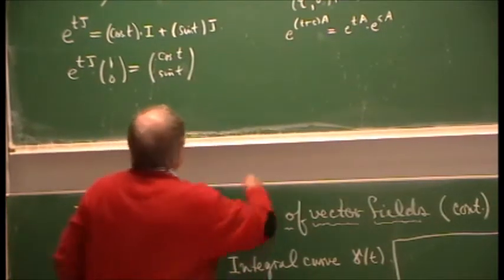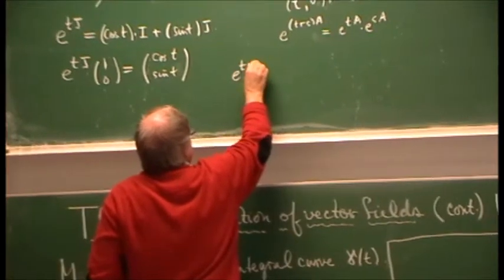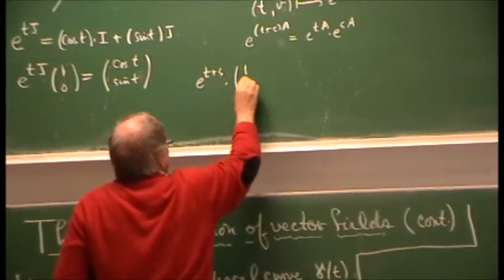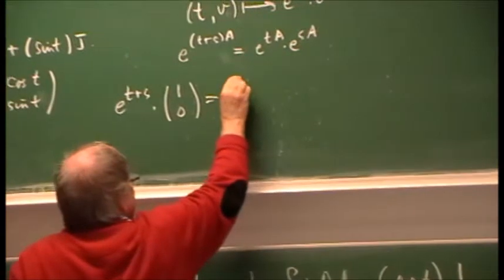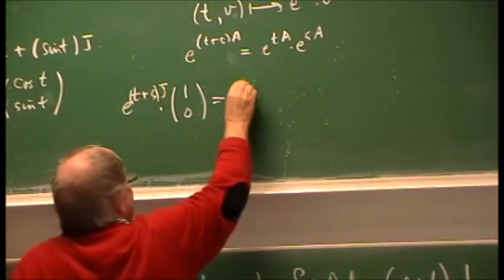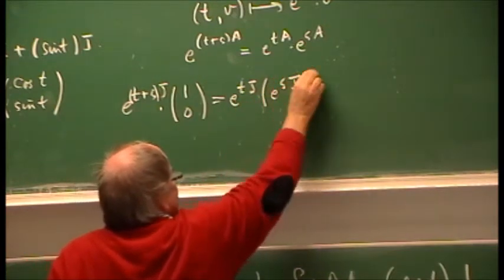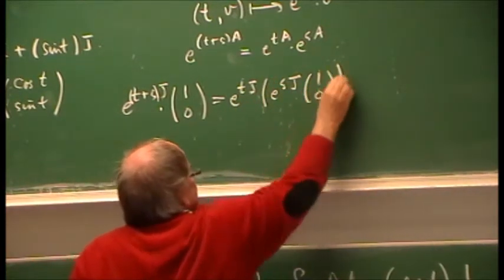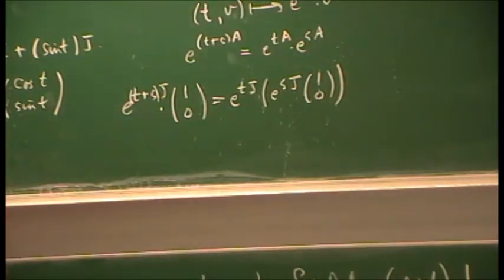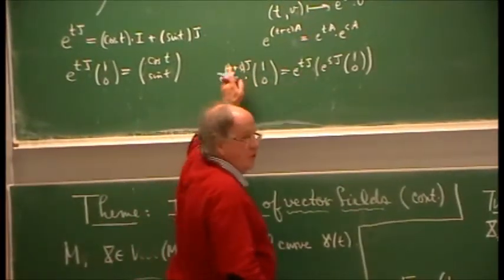If you apply this in this situation, e to the (t plus s) j times (1, 0) is the same thing as, I'm sorry, I forgot j, e to the tj applied to e to the sj times (1, 0). That's all I did. I used the group law that's not even hidden here. So that is equal to that, and I wrote it down.